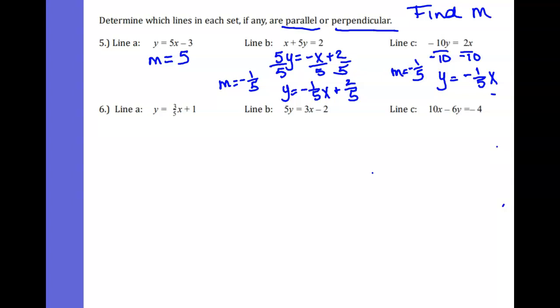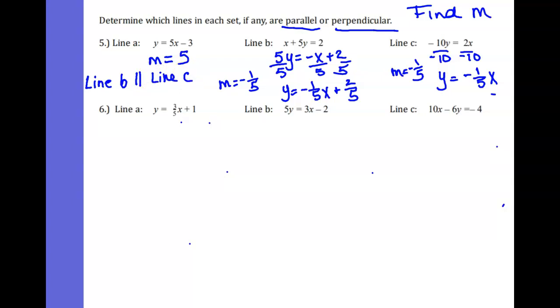Okay, so for the first example, we can say, and there's not much room here, I apologize, that line B and C have the same slope, so line B is parallel to line C. They have the same slope.